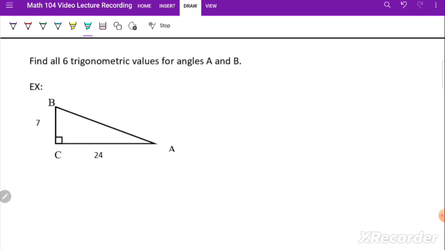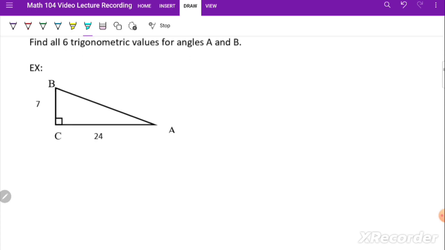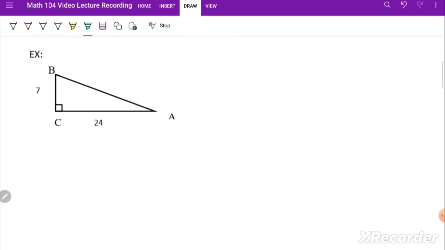So let's find all 6 trigonometric values for both angle A and angle B. Now we'll need all 3 sides of our triangle to list out our 6 trig functions. So let's start by finding our hypotenuse side. Pythagorean theorem tells us our hypotenuse squared is equal to 7 squared plus 24 squared.